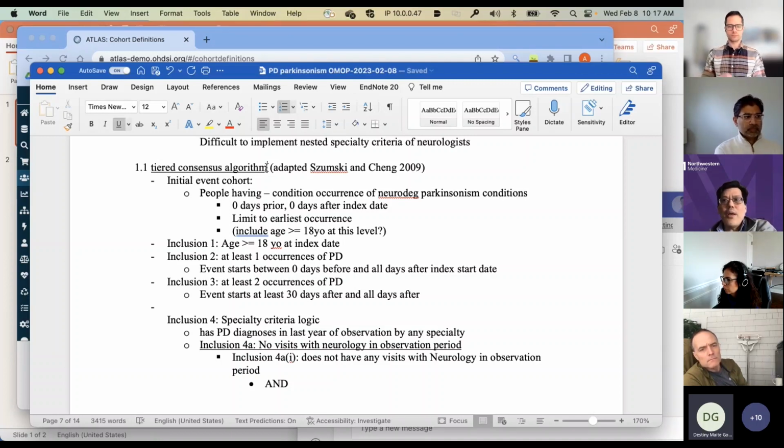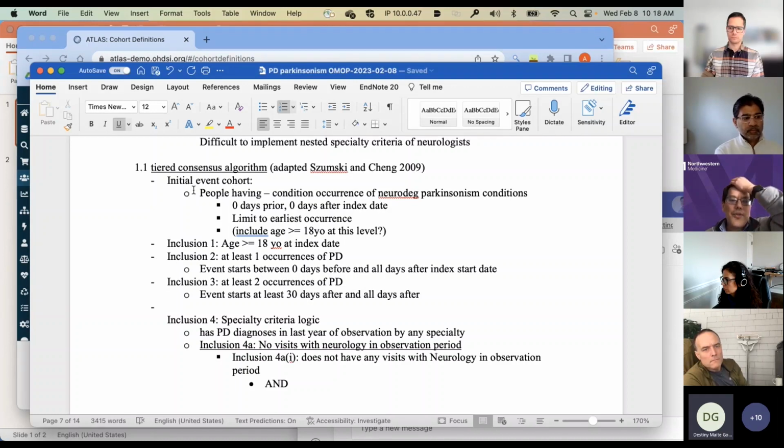And so if you do the unanimity algorithm, you run the risk of excluding cases of Parkinson's disease if somebody was overexuberant and called it neurodegenerative Parkinsonism early on, because they wanted to be broad, but then later on they become Parkinson's disease, and it's very clear. We needed a way to handle those. Any questions about the general idea?